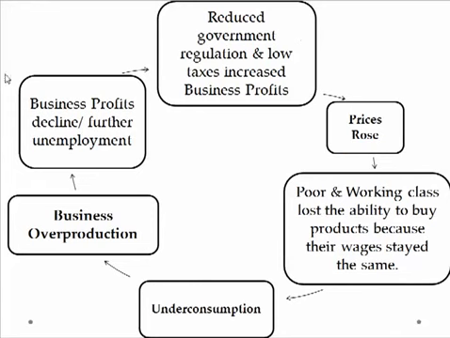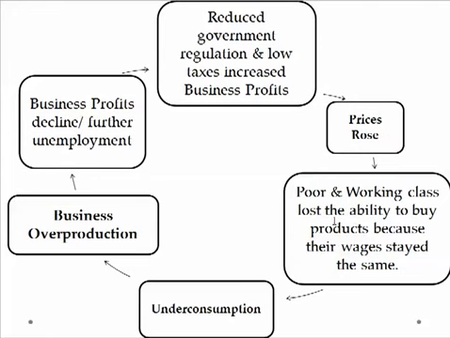If we look at this, it's poorly drawn, but here's where you get the idea. Reduced government regulation over businesses and low taxes increased business profits. So the businesses are going to make a profit, but they keep their prices either steady or they raise their prices, but they do not raise the wages of the workers.